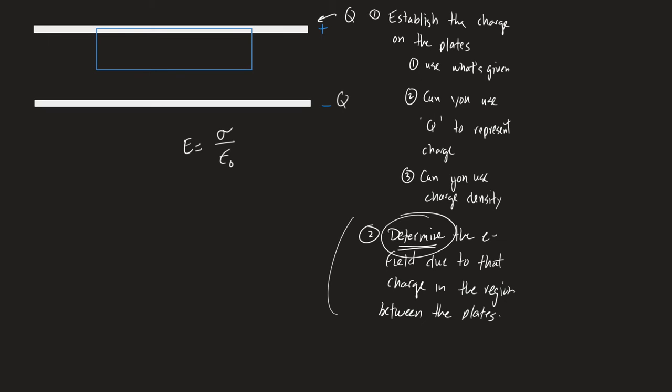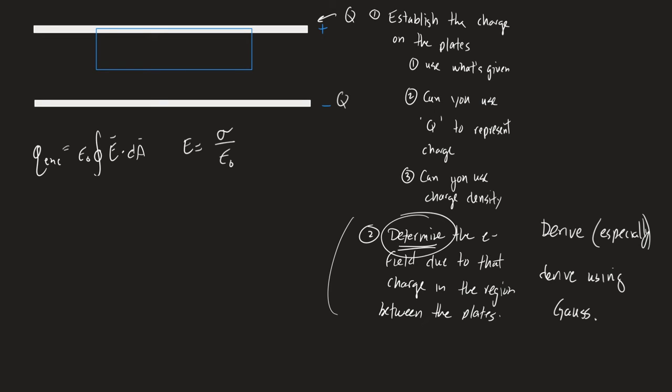But if they use the word derive, especially derive using Gauss, then you have to start with Gauss's law. This is where it's going to happen. So if they have a capacitor problem where we're deriving capacitance, they're going to put Gauss's law here. They're going to make you do the step for Gauss's law.